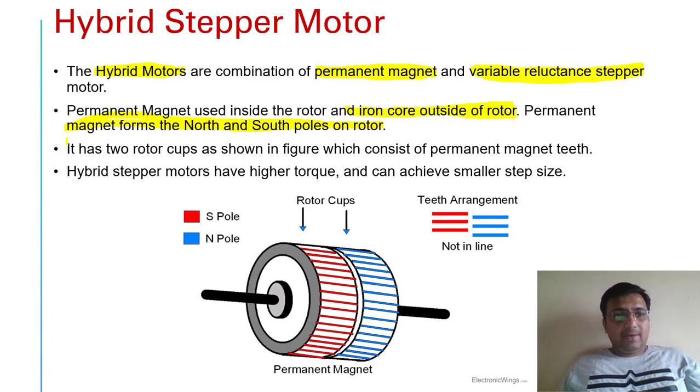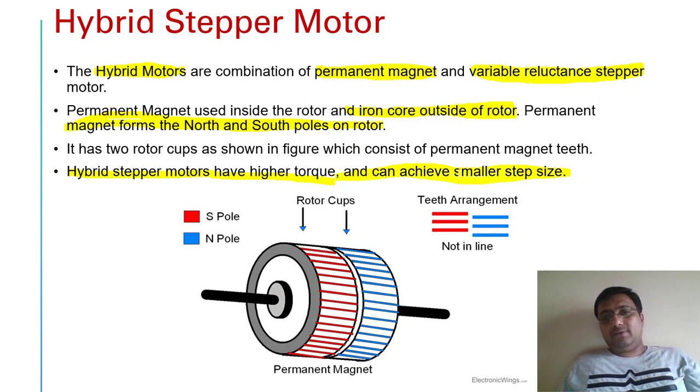Also, the hybrid stepper motor has two rotor cups as shown in the figure. So these are the rotor cups. Rotor cup 1 and rotor cup 2 consist of permanent magnet teeth. These are not aligned teeth, and these are aligned teeth. The hybrid stepper motors give higher torque and can achieve smaller step angles.